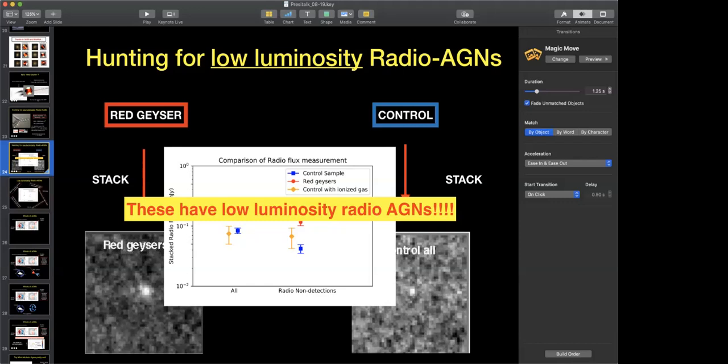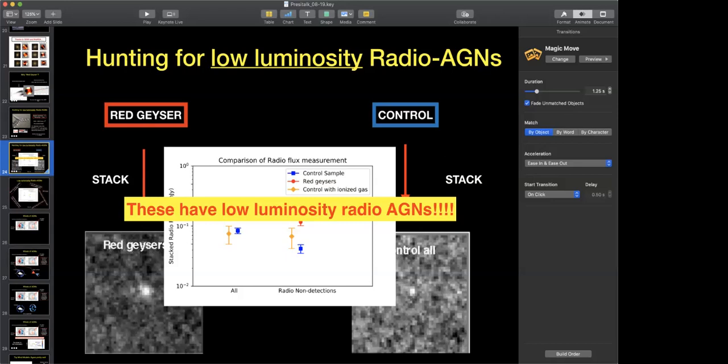The first thing is that these galaxies do not contain star formation. They do not show any star formation. But we did a calculation: if we assume that all this radio emission is coming from a star forming blob, then what would be the expected star formation? That star formation is very high. To produce this kind of luminosity, you would have to have about 10 solar masses per year of star formation rate, and we see about 10 to the power minus 4 solar masses per year.